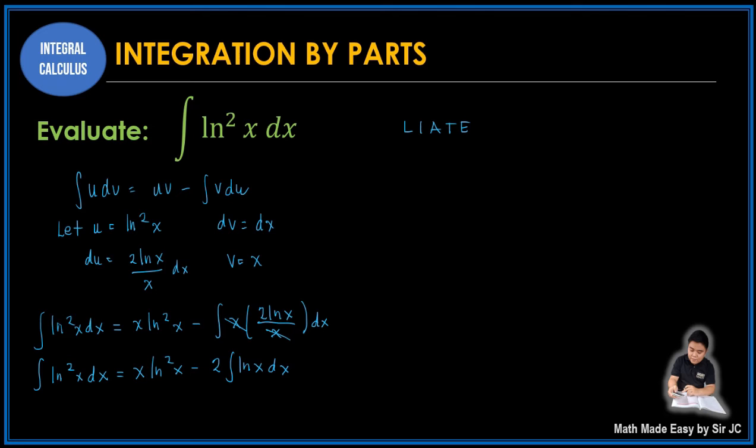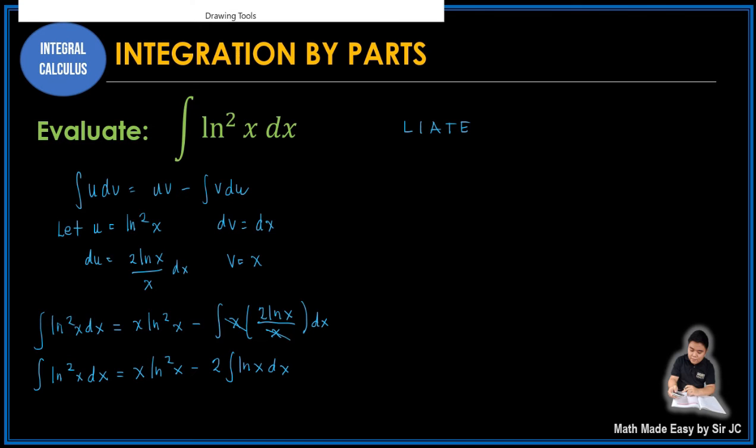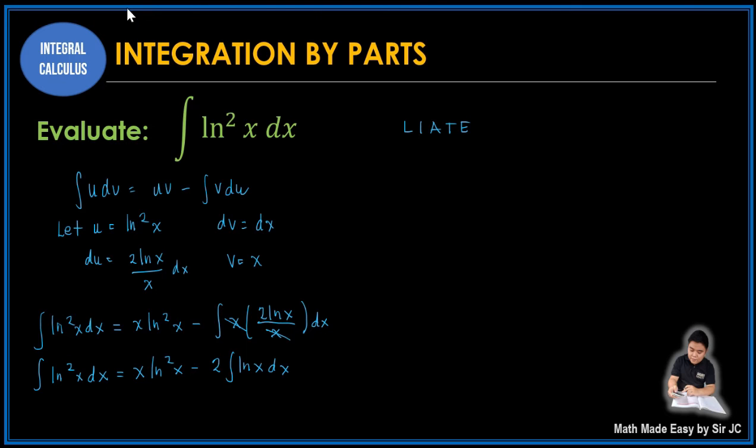Again, we will use integration by parts. We let u be equal to ln x, then du is 1 over x times dx, or dx over x. Then dv is equal to dx, and v equals x.